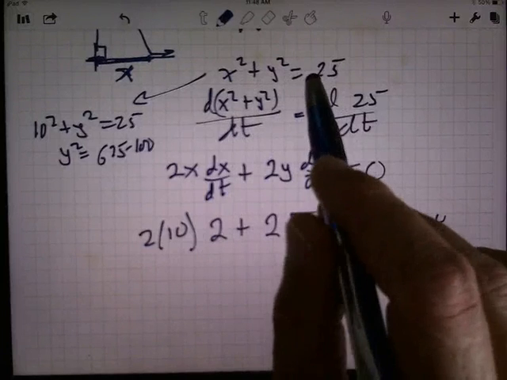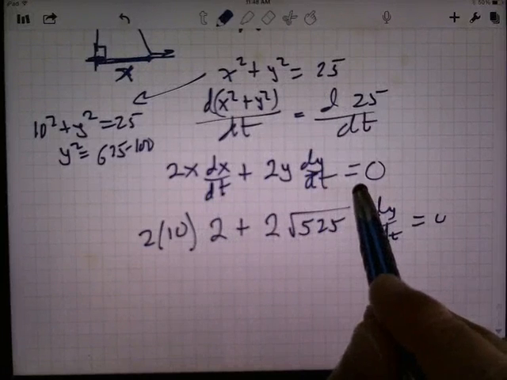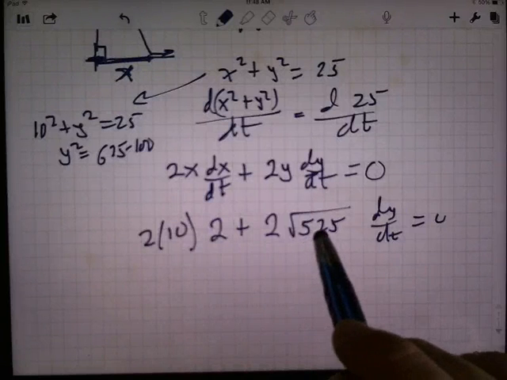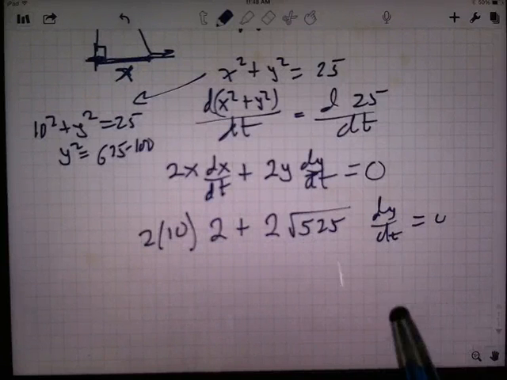Get a relationship between x and y, implicitly differentiate with respect to t, plug in everything you know, and you should know everything except for one thing, and that's dy/dt.